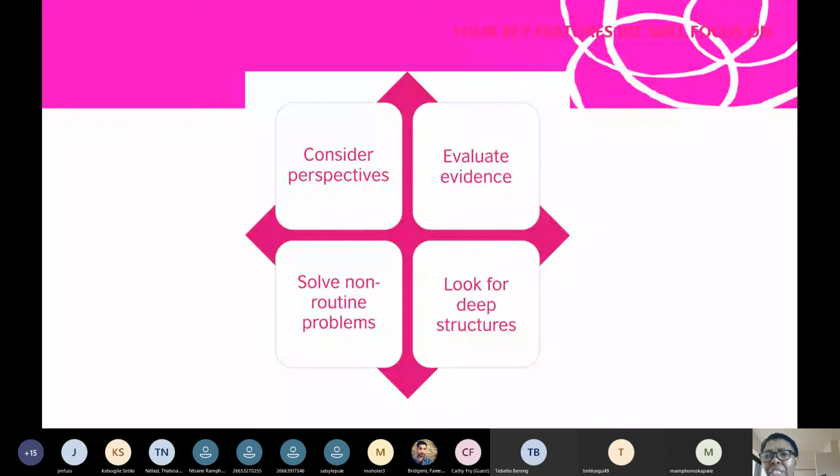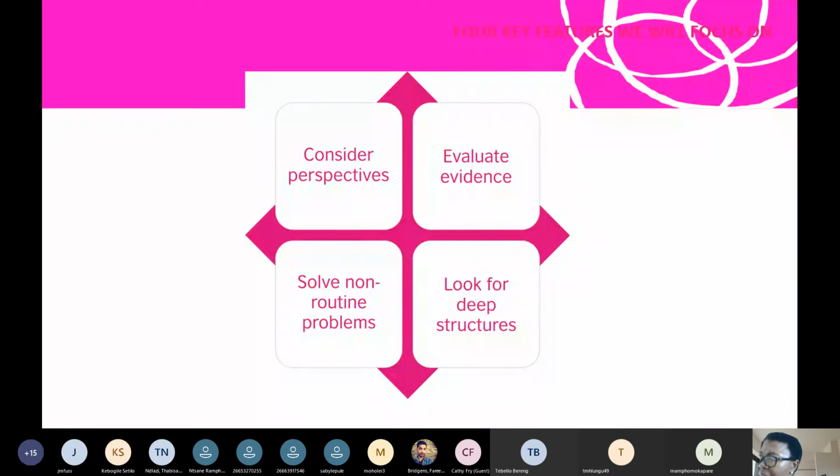And then the last one is to look for deep structures. I started thinking about your own country, and when I looked at the rate of unemployment, I said a lot needs to be done in Lesotho.